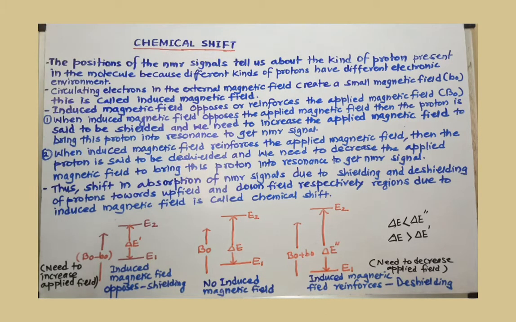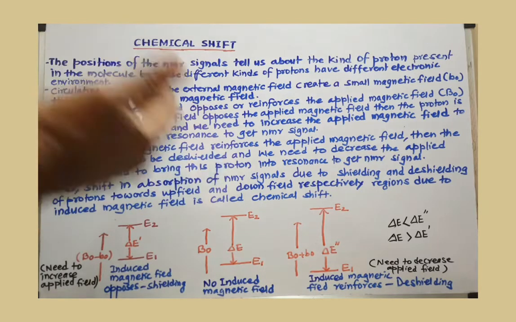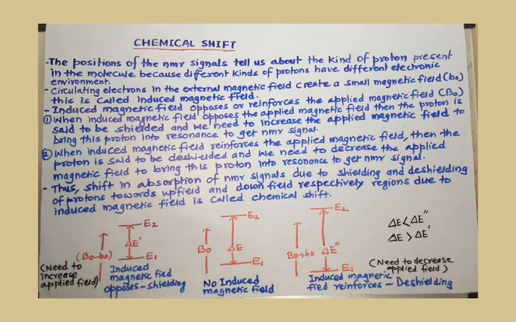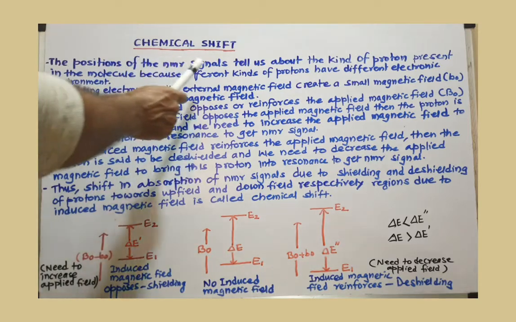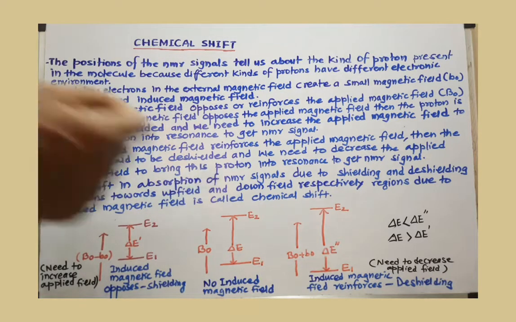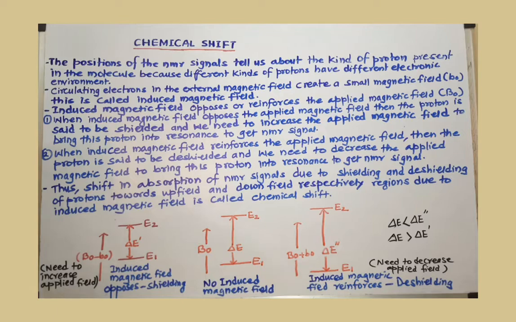Each type of proton present in the molecule gives an NMR signal. So the total number of NMR signals obtained equals the number of different kinds of protons present in the molecule. The position of the NMR signal tells us about the kind of proton present, because different kinds of protons have different electronic environments.